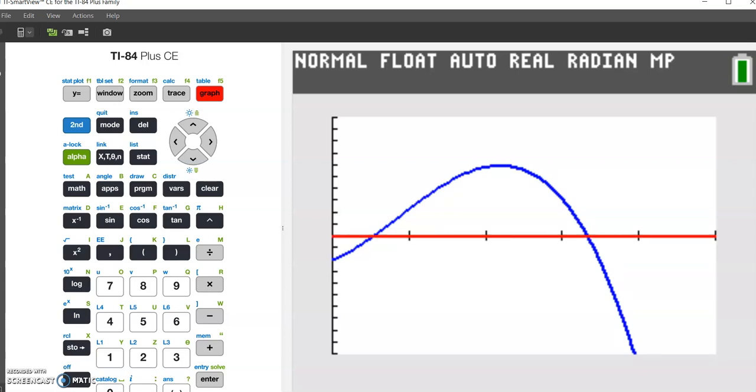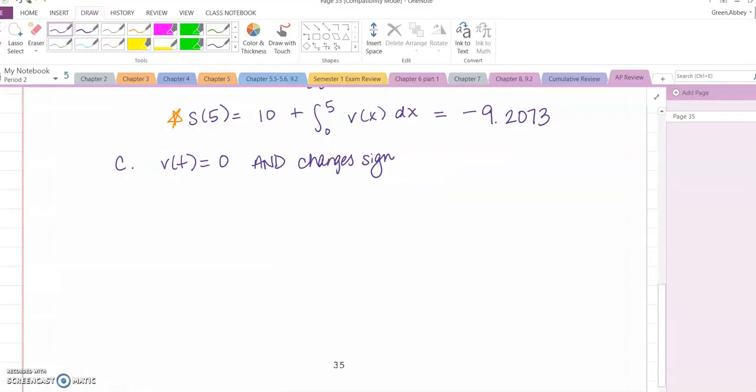So graphically, I see that there are two places in which the velocity equals 0. One is here and the other is here. For the sake of time, I will tell you what those intersections are. Those are your time values.